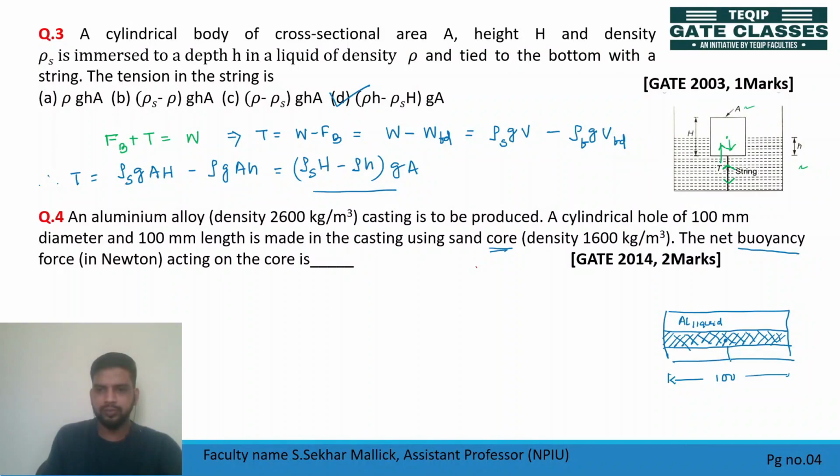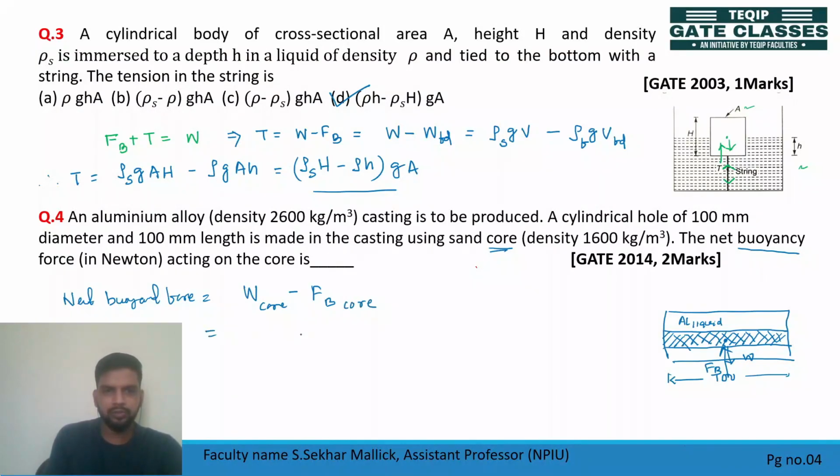Weight of the core will be acting downwards, and buoyant force will be acting upward. So what is net buoyancy force? Net buoyancy force is equal to W minus Fb. So net upward force, net buoyant force is equal to weight of the core minus buoyant force on core.